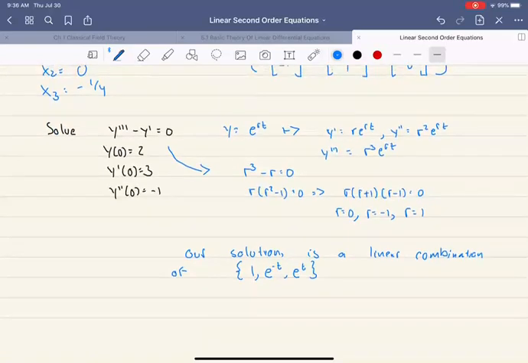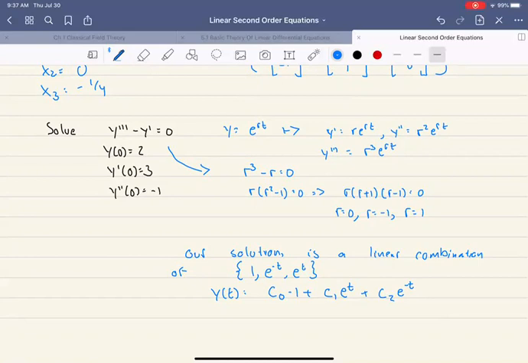So y of t is c0 times 1, plus c1 e to the t plus c2 e to the negative t. And we have to satisfy those initial conditions.